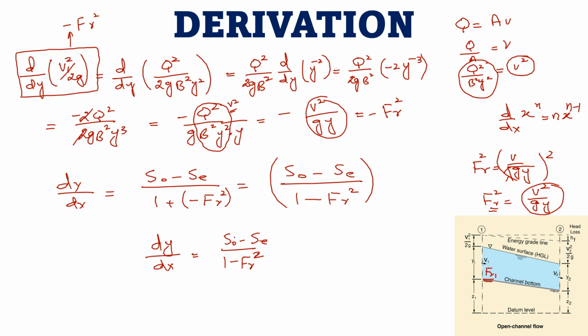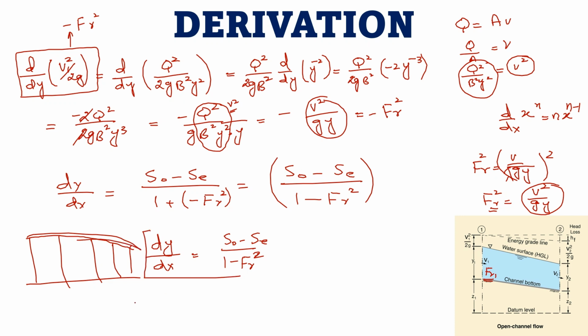And we have to put the value of S naught and Se, and then we will get a relationship of dy by dx, and we will be able to determine the profile, or water surface level, of the water at different locations. You can say at 1 meter, at 2 meter, at 3 meter, 4 meter, 5 meter, you will be able to derive a water surface profile like this one from the bed. So this will be known as the water surface profile.